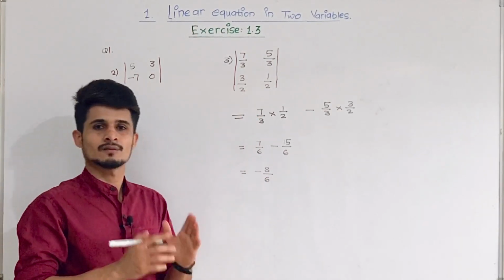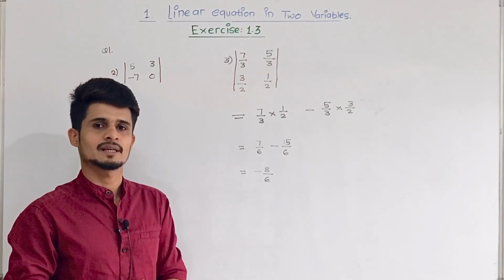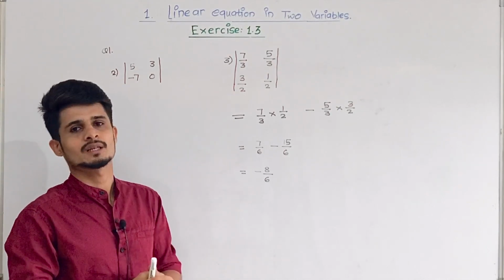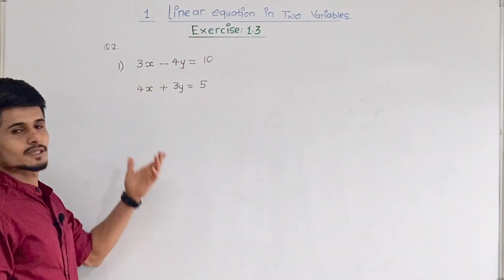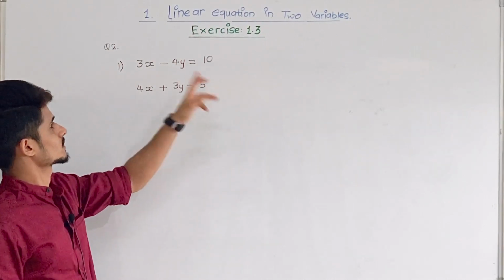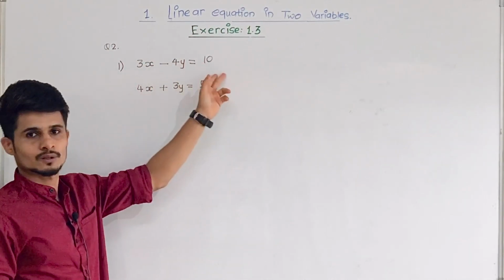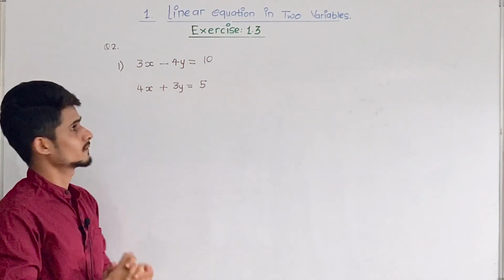So now we'll see question number 2, that is how to solve a simultaneous equation by using determinant method or Cramer's rule. So now we'll see question number 2, first sum. As you can see, there are two equations, 3x minus 4y is equals to 10 and 4x plus 3y is equals to 5.